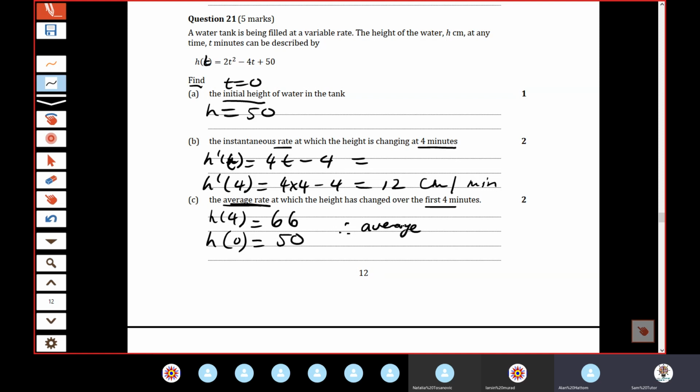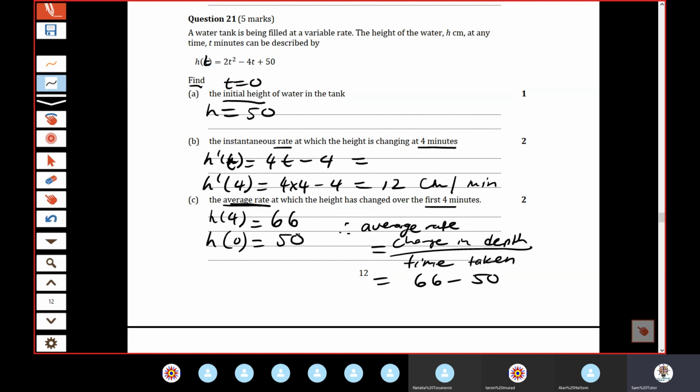So therefore, your average rate equals pretty much the change in depth over the time taken, which should give you 66 take away 50.